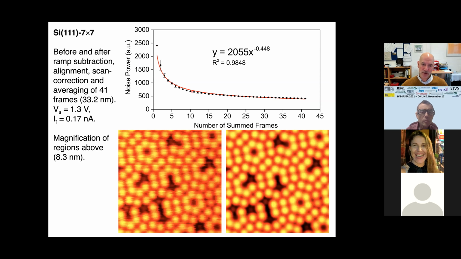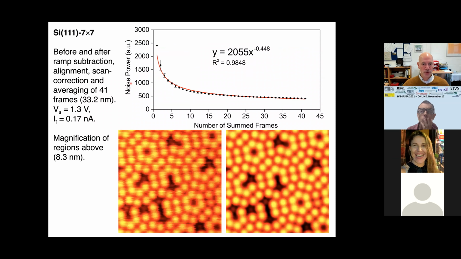After 10, you've really done a pretty good job already, but this should in theory be minus 0.5 because it should go as the root. This red line should go as the root of the number of images. It's not quite that, but that's because of the nature of how you measure the noise, and that's a subject in itself.